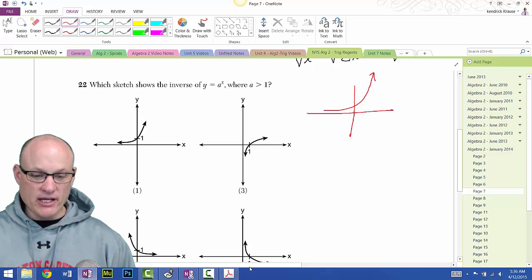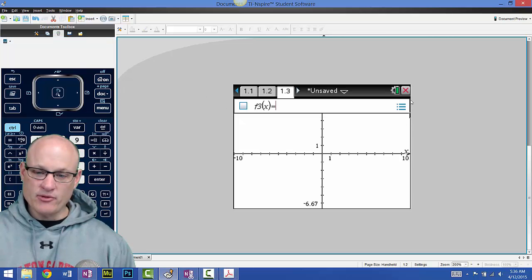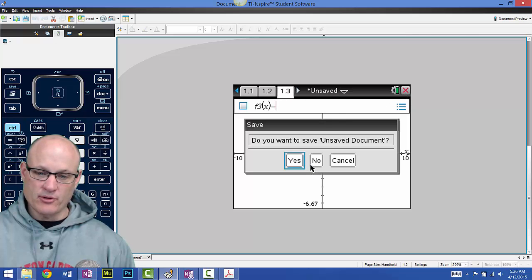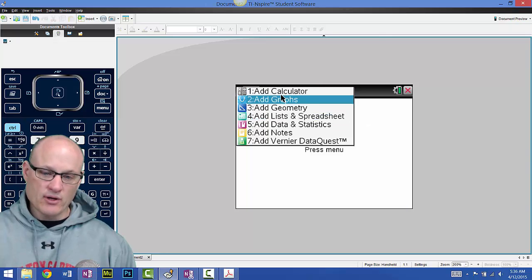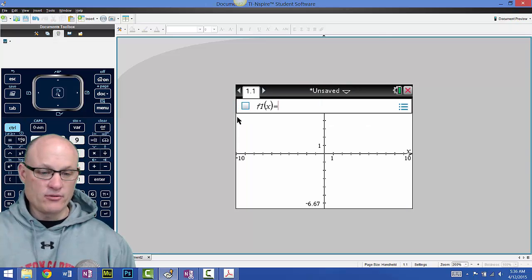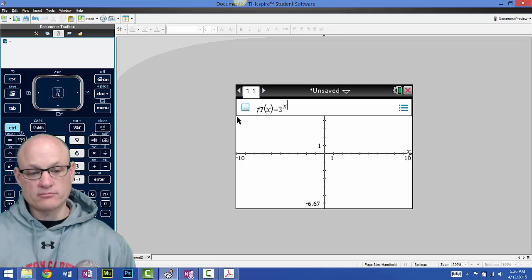And if you don't believe me, come over to your calculator, go into the graph mode. If anybody else's garbage is in there, you see all this stuff here? We don't want to get rid of that because that means we probably are in bad mode. So no. And we'll go back in and we'll go graphs. And I want to graph, I don't know, 3 raised to the x power, because that's what they're asking.